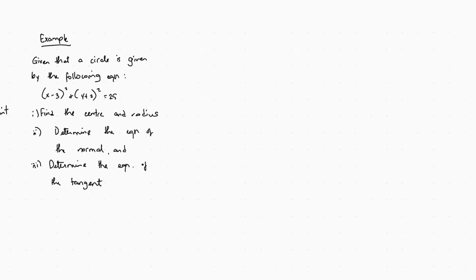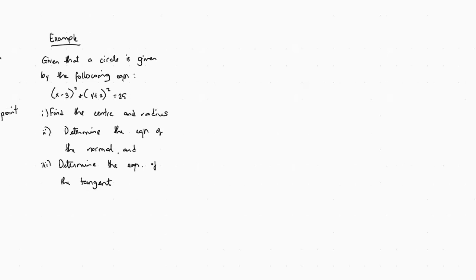Now, we want to look at an example of how to go about doing this. First we have the equation of the circle, (x minus 3) squared plus (y plus 2) squared is equal to 25.